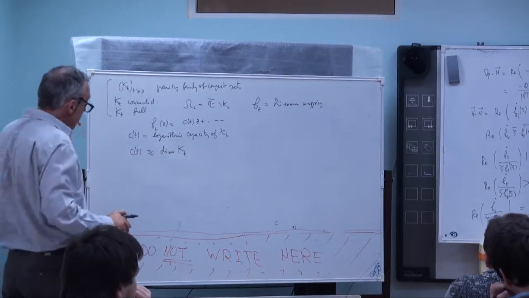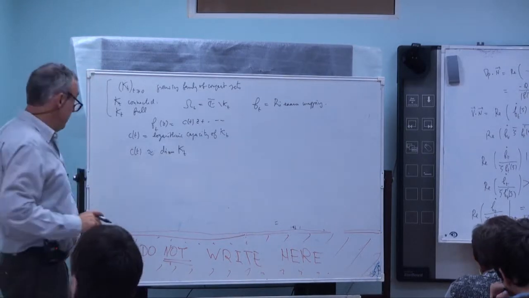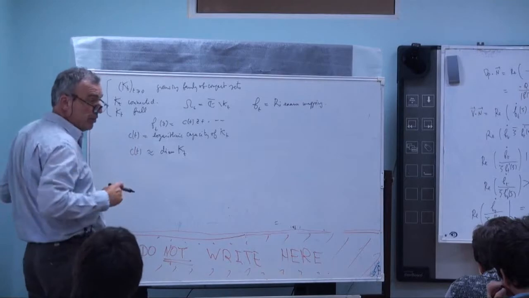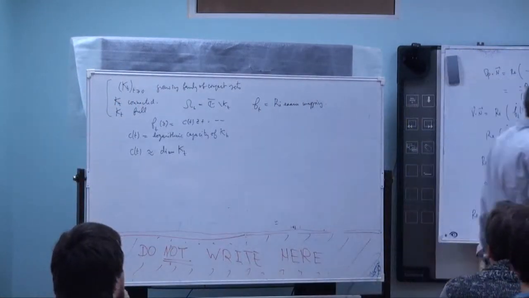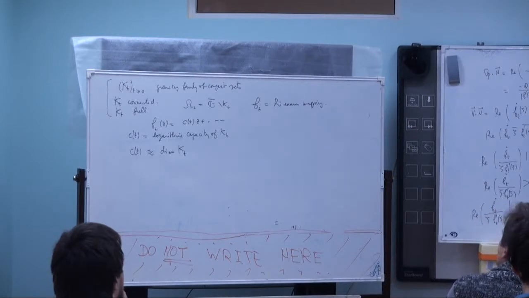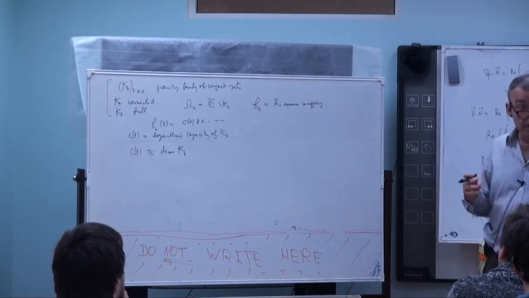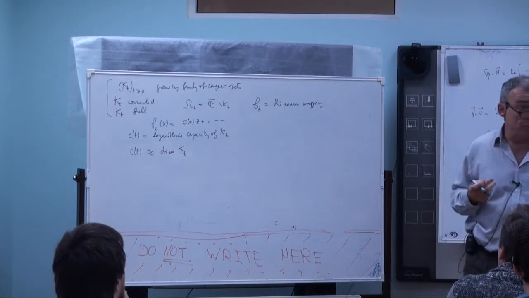Now we make some more assumptions, because we want this quantity c(t) to be continuous. And what does it mean geometrically on K_t that c(t) is continuous? This is exactly given by the Carathéodory topology.